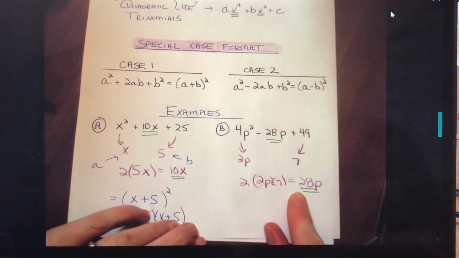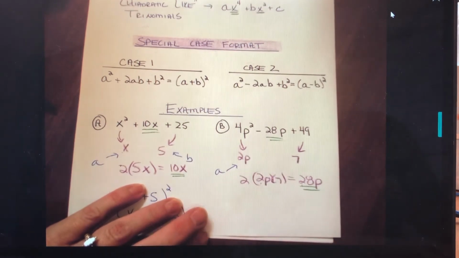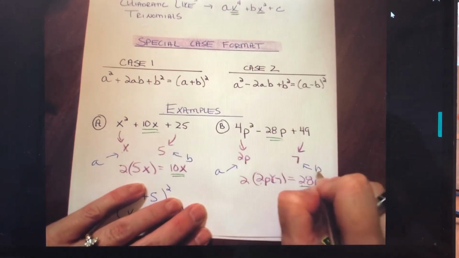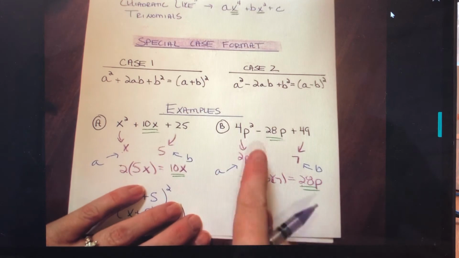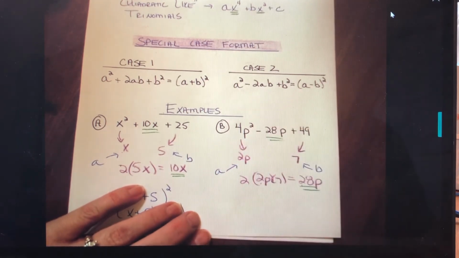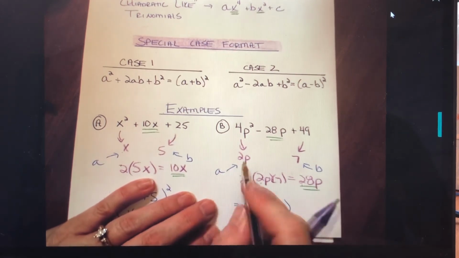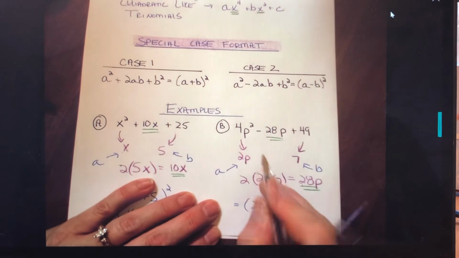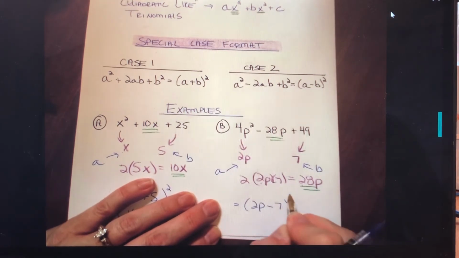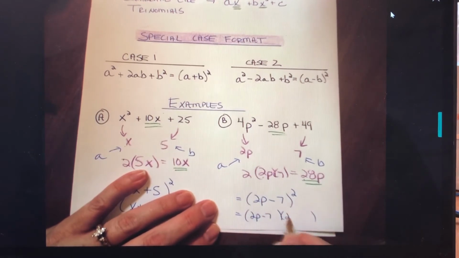So it is a perfect square trinomial, which means this 2p would be the A, 7, that's the B, and because this has a negative sign here, I will follow this formula for the factorization. So it will be A, which is 2p, minus, and then the 7, and then square it. And again, you could choose to write it like this if you wanted to do the binomial times the binomial.